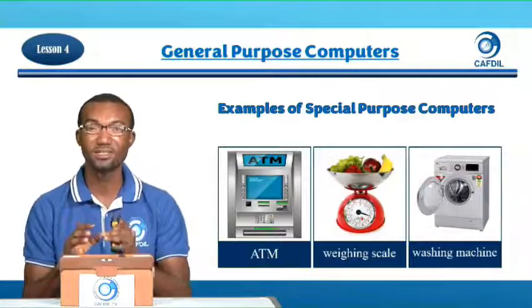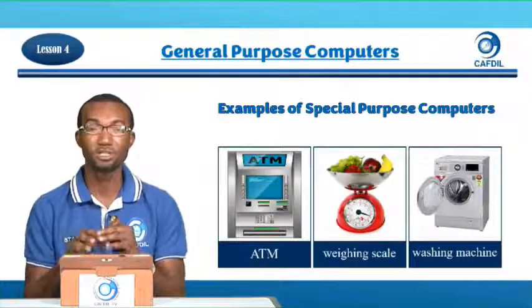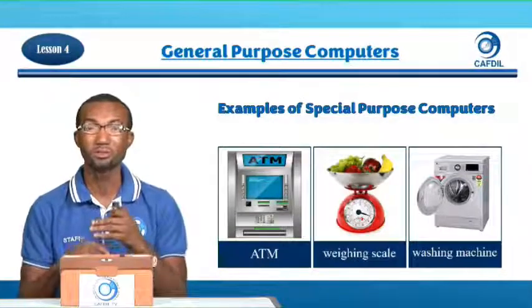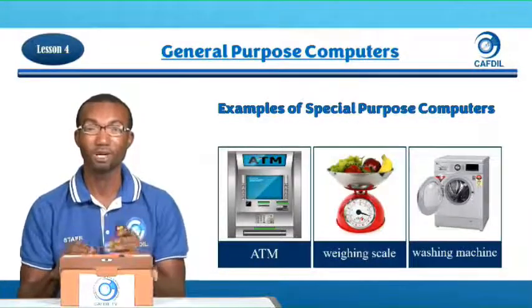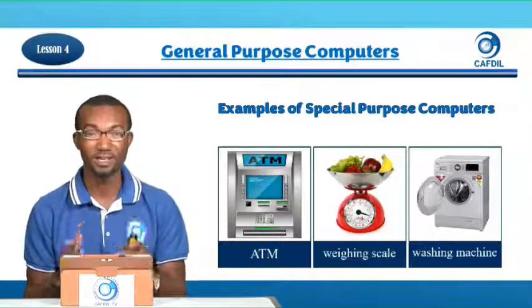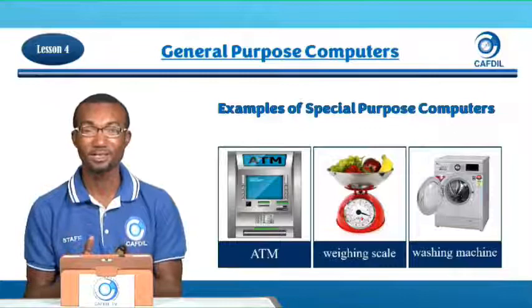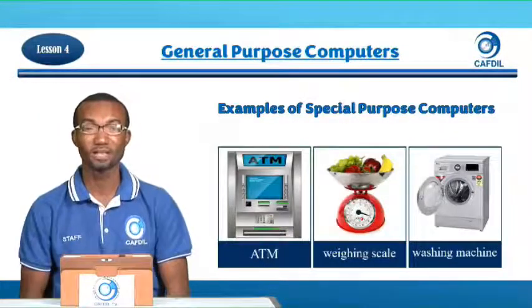So this machine deals with clothes. Apart from clothes, you cannot use it to cook. You cannot use it to boil water. It only deals with clothes. So the automated teller machine, weighing scale, and washing machine fall under special purpose computers.